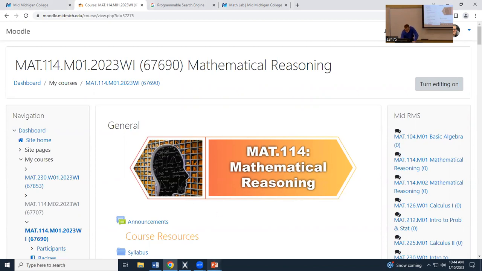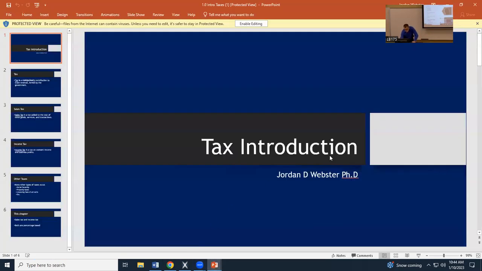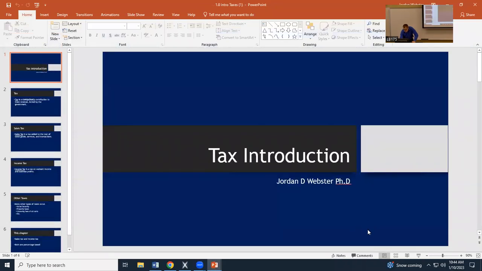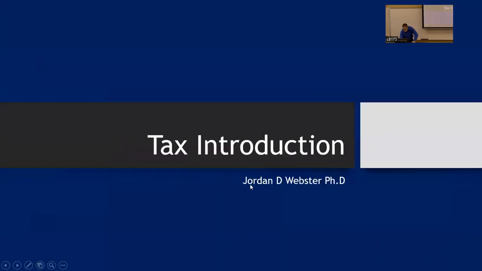So let's start looking at taxes. This first unit is all about money. And we're going to talk about taxes and how interest works.